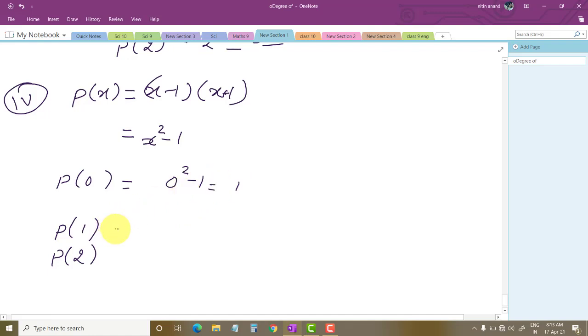Now P(1) means 1 square minus 1, that means it becomes 0. Now P(2) means 2 square minus 1. It is 2 square, that means 4 minus 1, so it is 3.